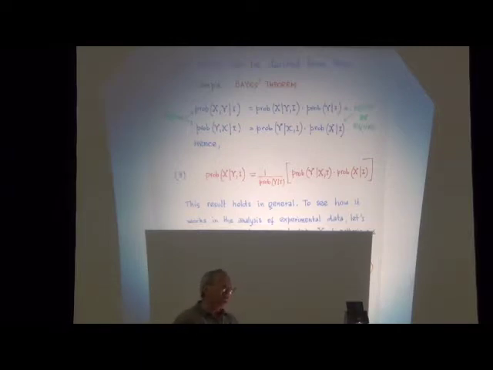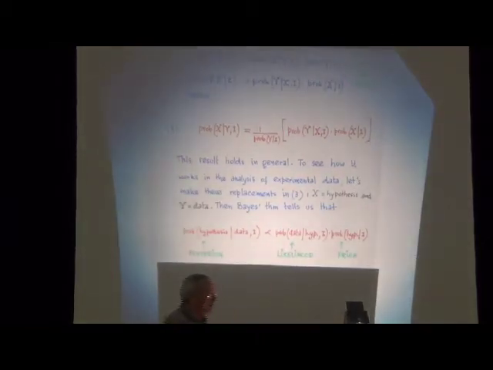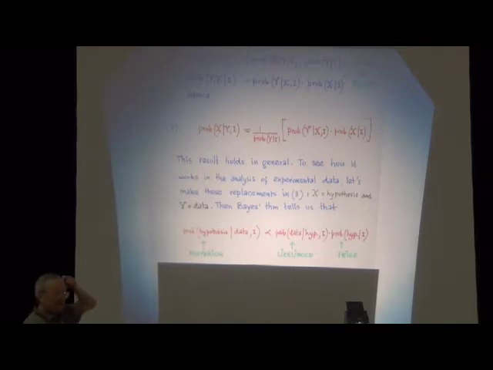But in applying this to science, as the book by Sivia and Skilling points out, you can see much better what that means if you replace X by hypothesis and Y by data.